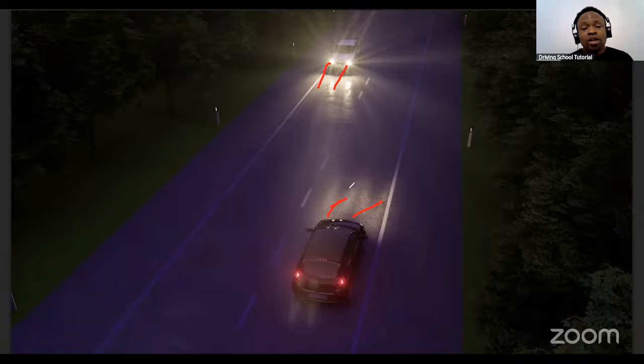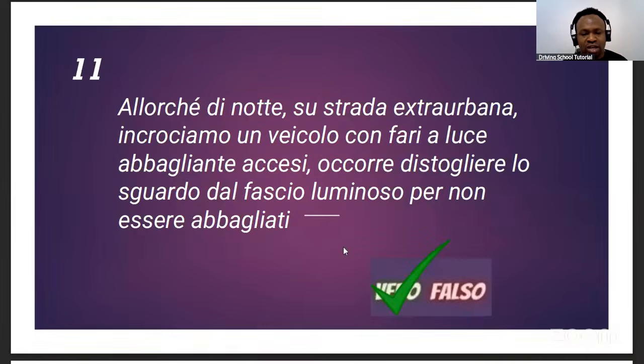Because if you are traveling with luce abbagliante and I'm traveling with luce abbagliante, you take the risk of dimming light on my eyes, which at the end of the day could result in me not being able to see the road. And if I do the same to you, we'll have two blind people on the road, and this is dangerous. That is why you don't have to proceed with a high beam light. What you need to do is to maintain your low beam light, which is luce anabbagliante, and try to remove your sight from the direction of the luce abbagliante of the vehicle in your opposite direction. And the answer is vero.